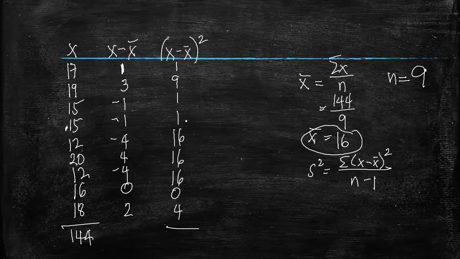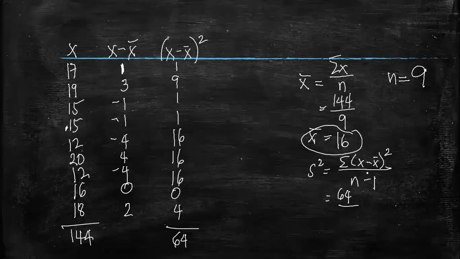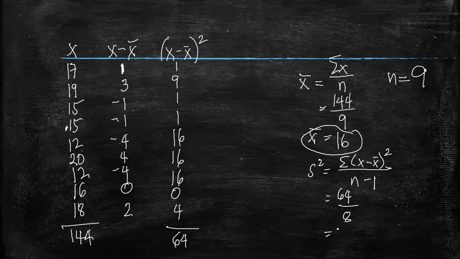So ayun na. 64, yun na yung summation of x minus x bar squared natin over n minus 1. Eh, ang n natin ay 9. So, 9 minus 1, we have 8. So, 64 over 8 is 8. Yan yung ating variance.